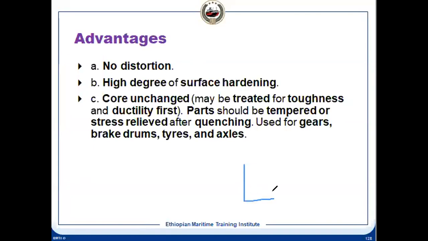If you see this, this is the temperature. We increase the temperature, keep it for some time, then we quench it. Once we quench it, it has to be followed by tempering. This is the tempering, this is T, and this is the temperature. Understood? When we are quenching, we have a hardness higher than required, because we don't control that. After that, we know what the hardness is, and accordingly we do the tempering.